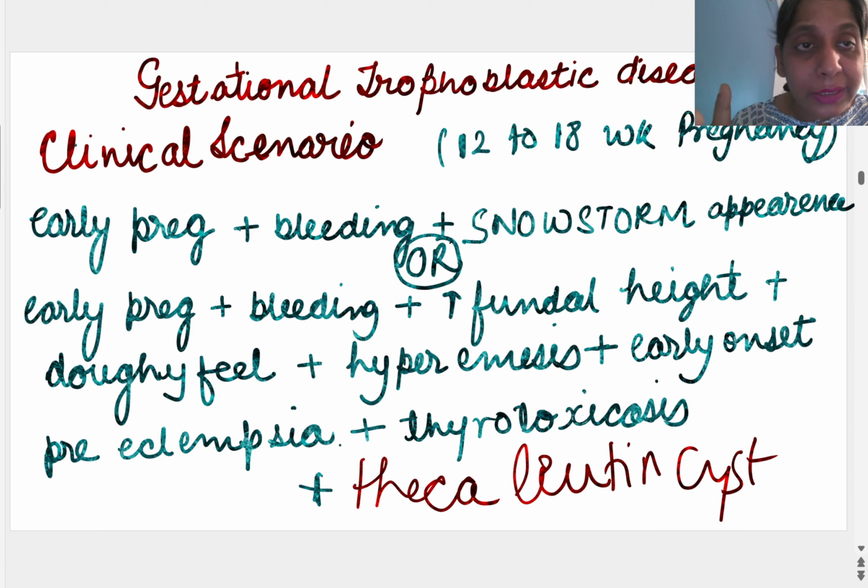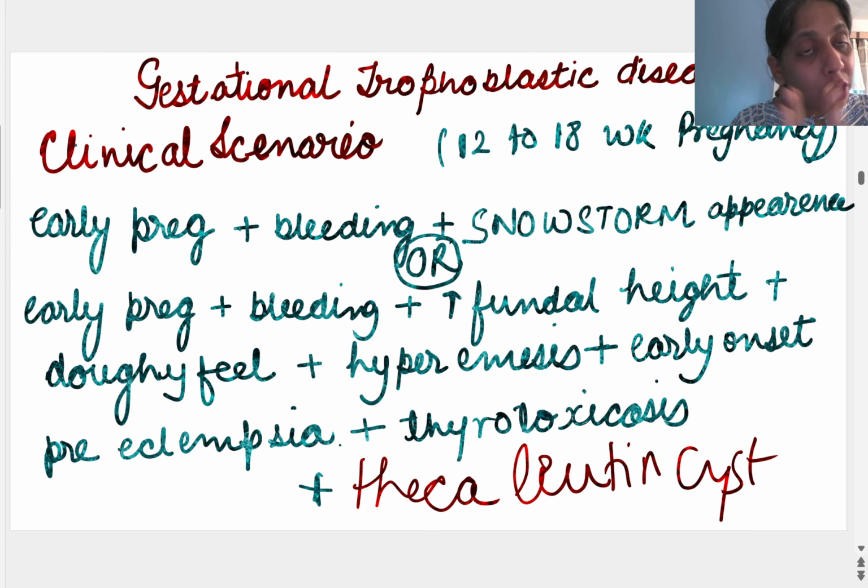Once more HCG is formed, then what happens? There is hyperemesis because HCG causes vomiting, right? Do you remember? HCG causes vomiting. When there is high HCG, there is more vomiting. Then why is there early onset preeclampsia?